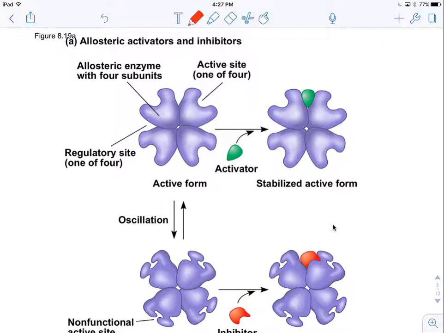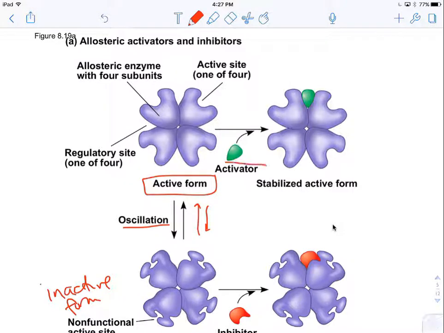So here's how they work. Here's my active form, and here's my inactive form down here. And we have oscillation here, so it kind of just goes back and forth between these two forms.